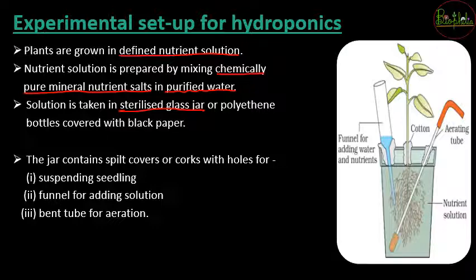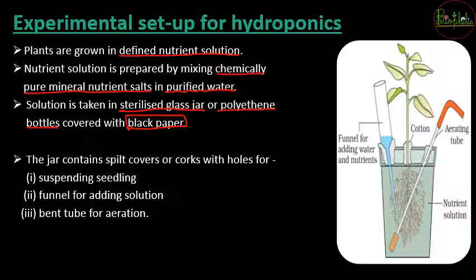तो आप नहीं चाहते हो कि जो प्लांट है it gets damaged because of other growths, so you are going to take that solution in a sterilized glass jar, or instead of glass even you can use polyethene bottles wherein you are going to cover it with black paper. Now why black paper? Black paper से plant मर सकता है if it doesn't get sunlight, but you are going to cover the black paper onto the container.